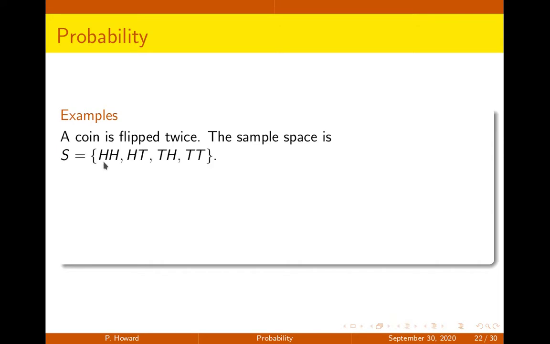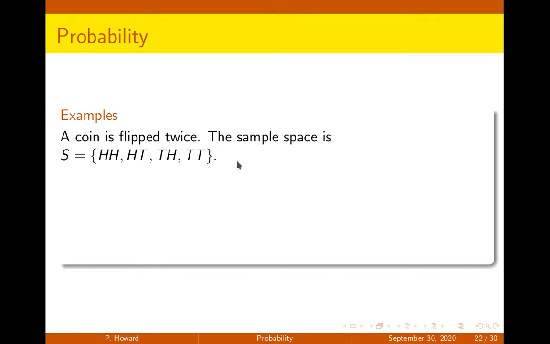Well, one possibility is that you flip heads and then heads. That's abbreviated here by HH. HT means heads first and then tails. TH means tails first and then heads. And TT is short for tails and then tails on both flips.